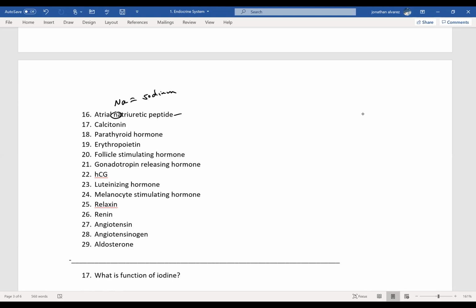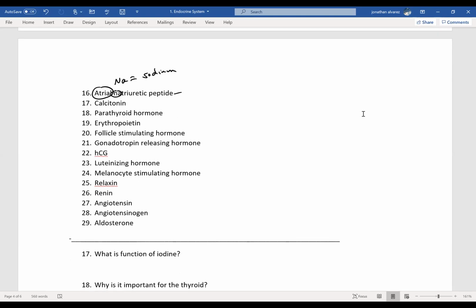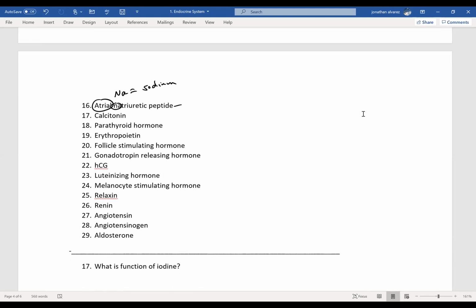So this is a hormone released from the heart that is going to do something with sodium. Actually, I want to get back to that other screen, so give me a second to draw this one out.